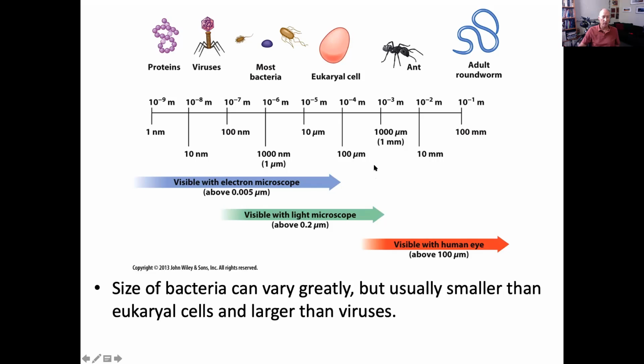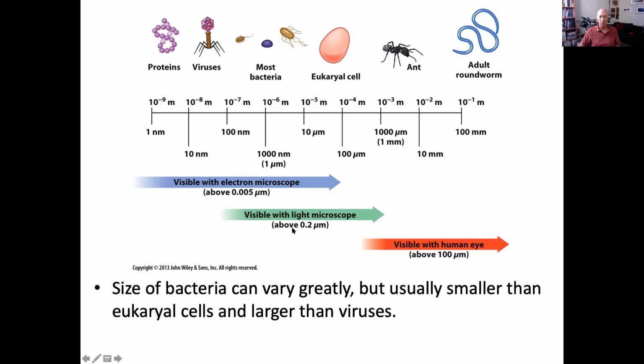And I want you to make sure you understand this terminology too. A millimeter is 1 times 10 to the minus 3 meters. A micrometer is 1 times 10 to the minus 6 meters. And a nanometer is 1 times 10 to the minus 9 meters. So this is our human eye range down to a little below the millimeter here. Anything below this is microscopic.